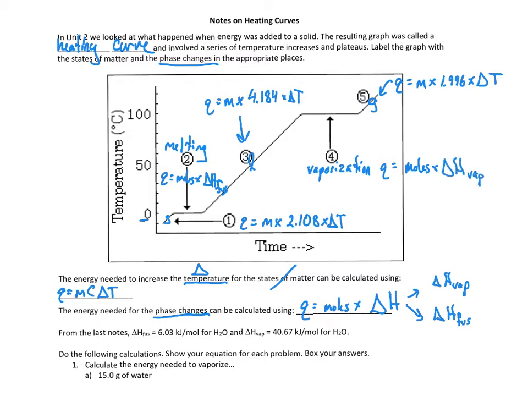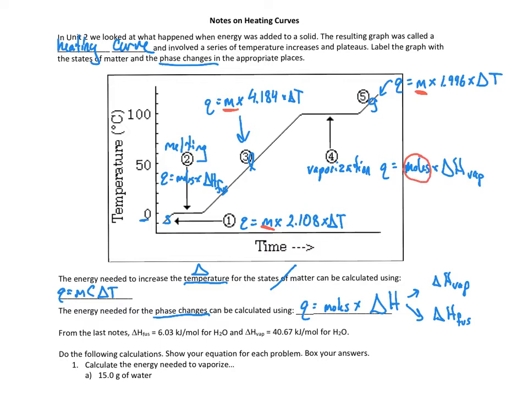Now, the difference here is you do need to pay attention that when we are talking about changing temperature for our states of matter, this m is mass. But when we are talking about changing the state, going from one state of matter to another, this is in moles.